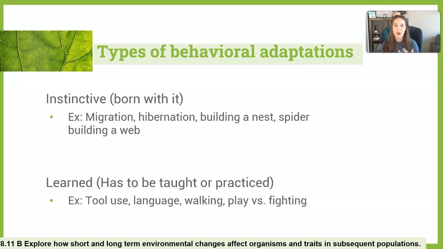Building a nest, or a spider building a web, okay? Or plants turning to the sunlight so that they can perform photosynthesis better. You were taught this in 7th grade, okay? So these are all things that are instinctive for organisms to be able to survive their environment.